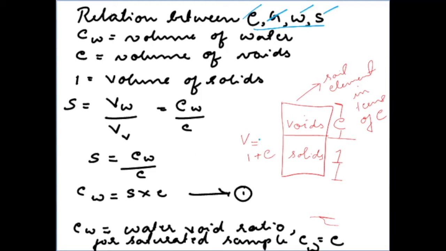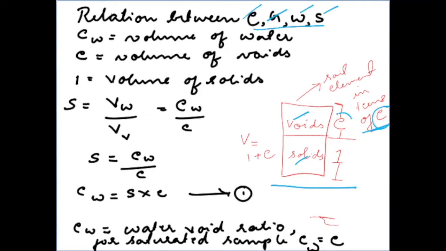For example, the one which I have shown over here is a rough diagram representing the soil elements in terms of e. e is nothing but the voids ratio. So this soil element has voids and it has solids.